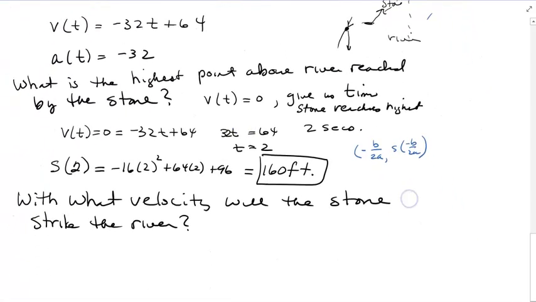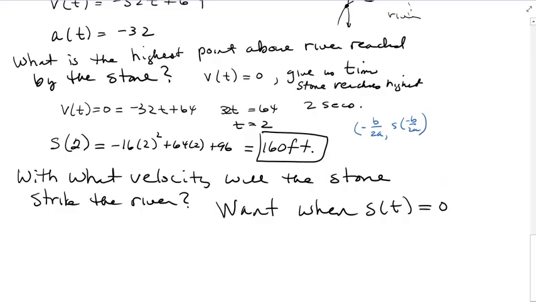So I want when S sub t equals 0. S sub t is negative 16t squared plus 64t plus 96.